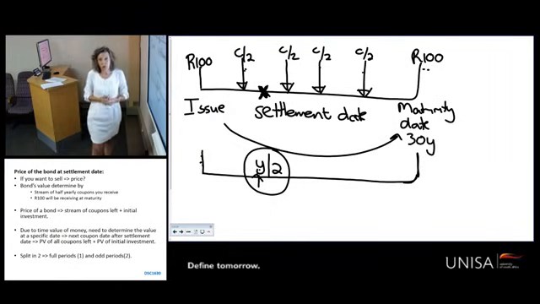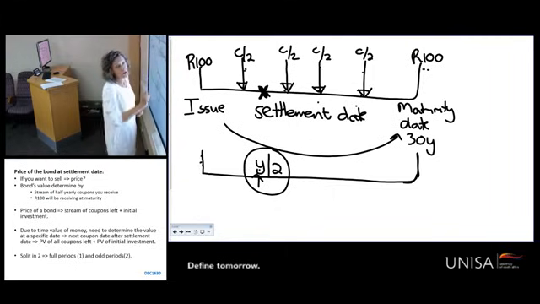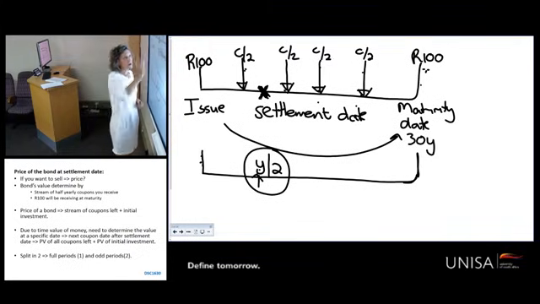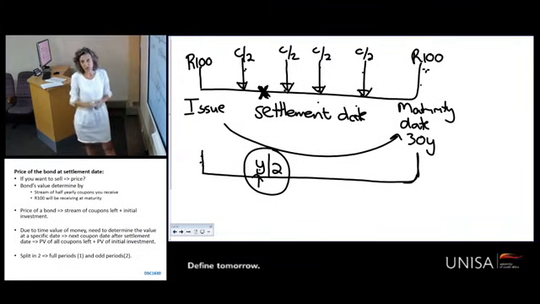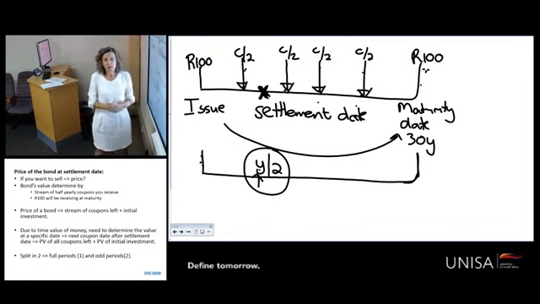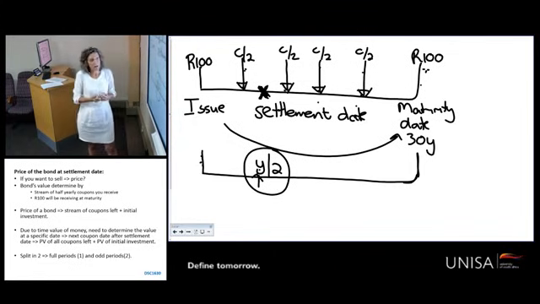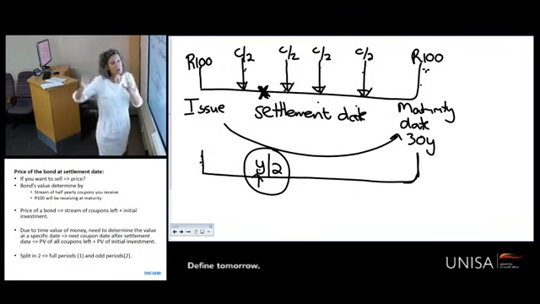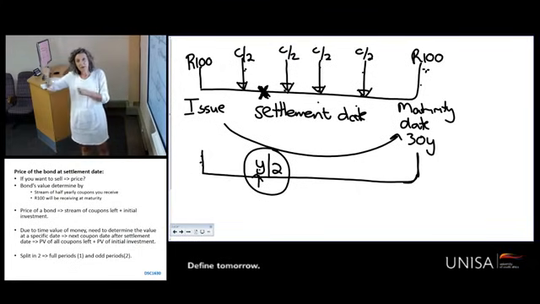So the value of a bond is determined by this stream of coupons as well as the 100 Rand there. So if I want to determine the price of the bond at a certain stage, then the price will be the value of all these things that I'm going to lose out by selling it.